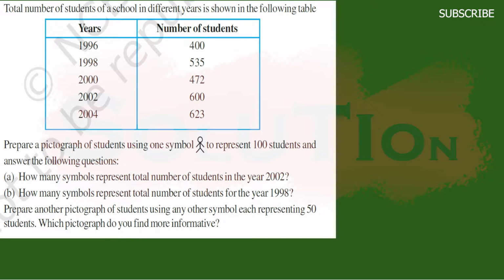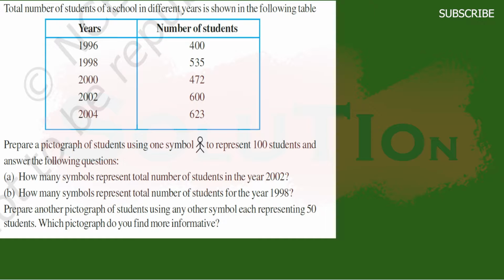So this is another example in front of us. Total number of students of a school in different years is shown in the following table. So for different years we have different numbers of students. Now we have to prepare a pictograph of students using one symbol.